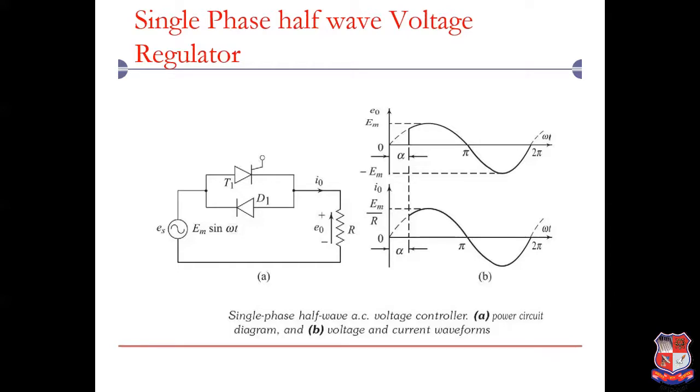As we can see here, we can have a control of firing angle alpha through thyristor only in positive cycle, and we have a diode during negative cycle, so we cannot control turn on and off in negative cycle. Therefore, this particular circuit is known as half control or half wave voltage regulator.